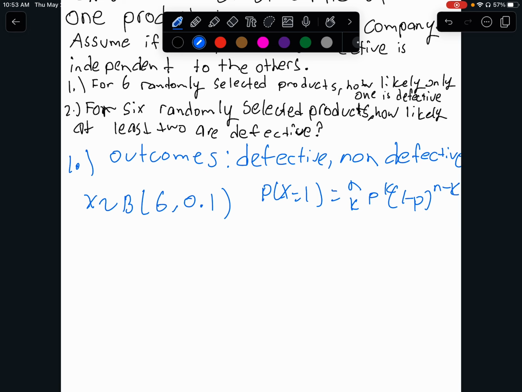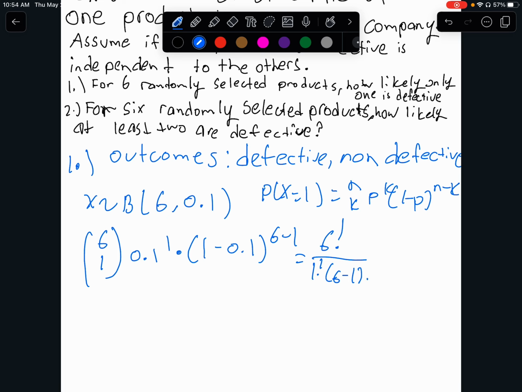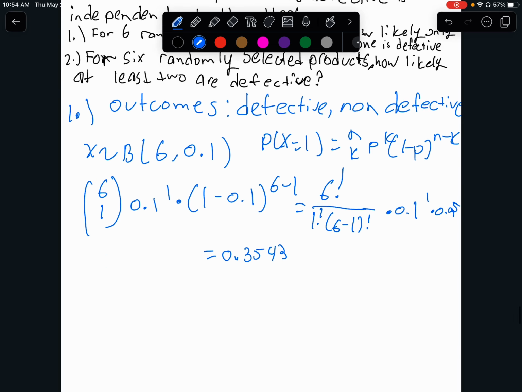We get 6 choose 1, times 0.1 to the power of 1, since k is 1, multiplied by (1 minus 0.1) to the power of 6 minus 1, which equals 6 factorial over 1 factorial times (6 minus 1) factorial, times 0.1 and 0.9 to the power of 5. Our answer is 0.3543, so 35%.